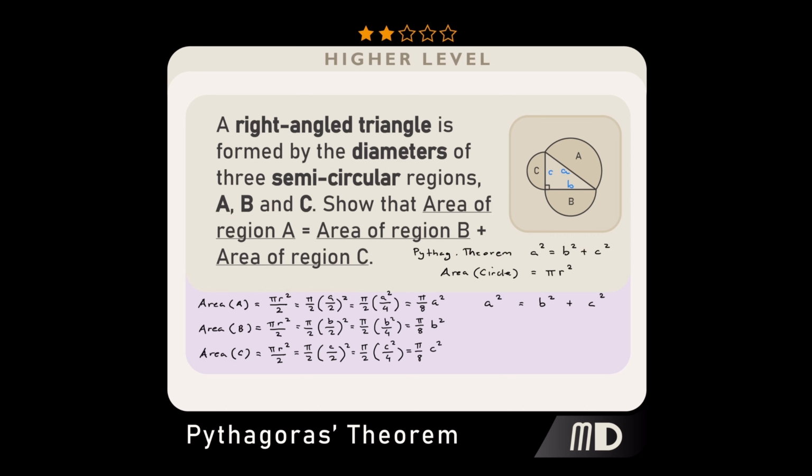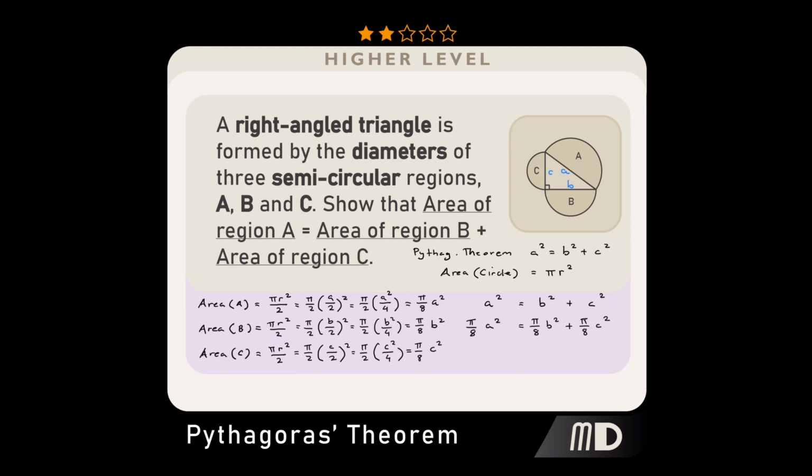By association, that means we can give the relationship between the area of each region as pi divided by 8 multiplied by A squared equal to pi divided by 8 multiplied by B squared plus pi divided by 8 multiplied by C squared.